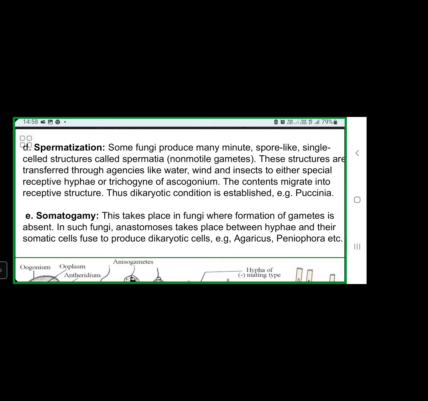Actually, spermatia are non-motile structures. That means they cannot move from one place to another place.